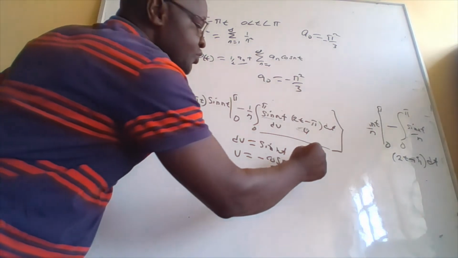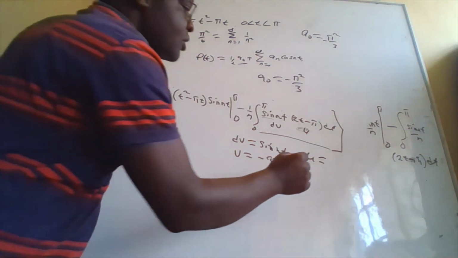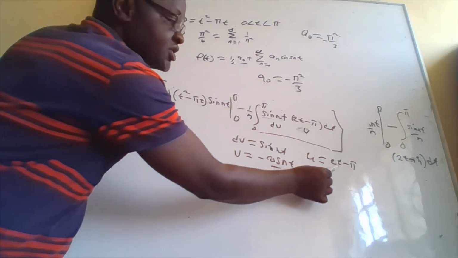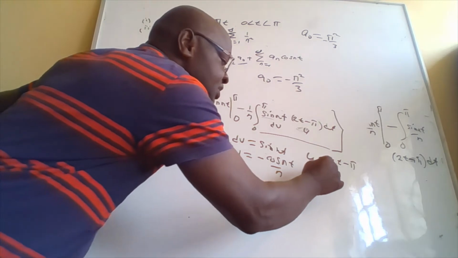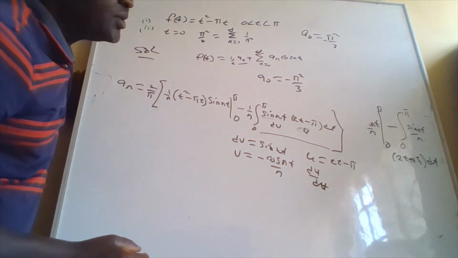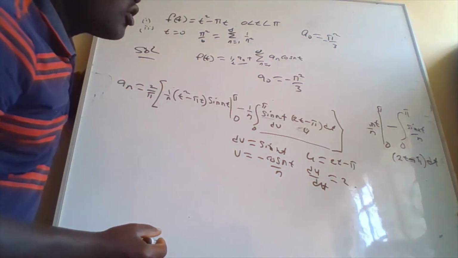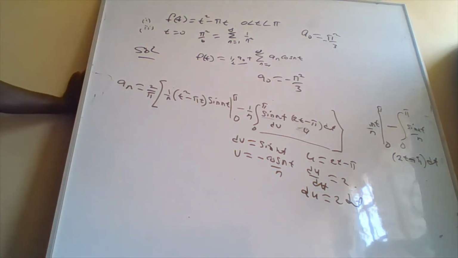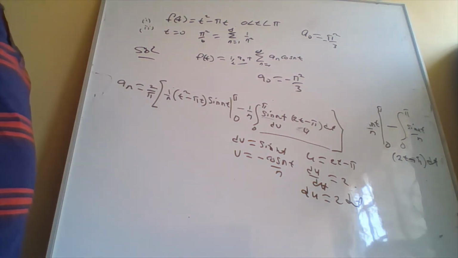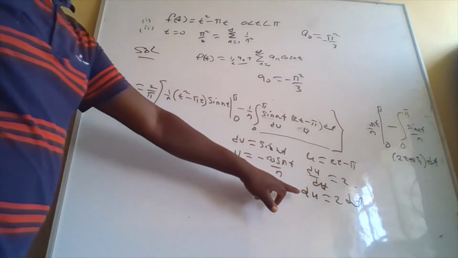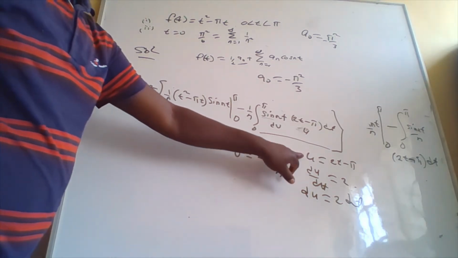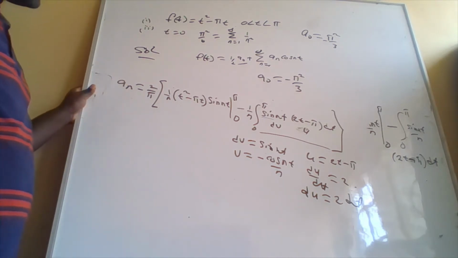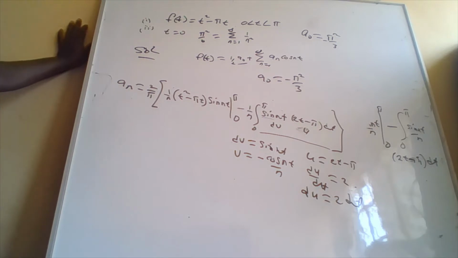And then here u equals 2t minus pi. So you differentiate u with respect to t, therefore du dt will be equal to 2, meaning du equals 2 dt. Now, as we have the value of v, we have the value of du, we have u, we now insert them in the integration by parts formula.